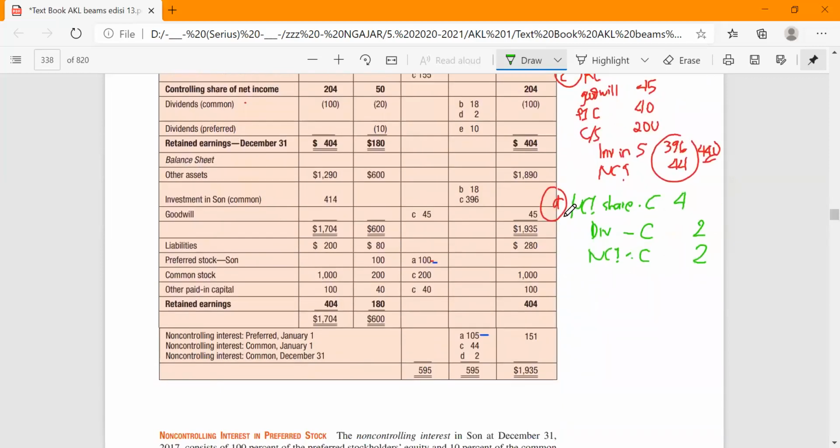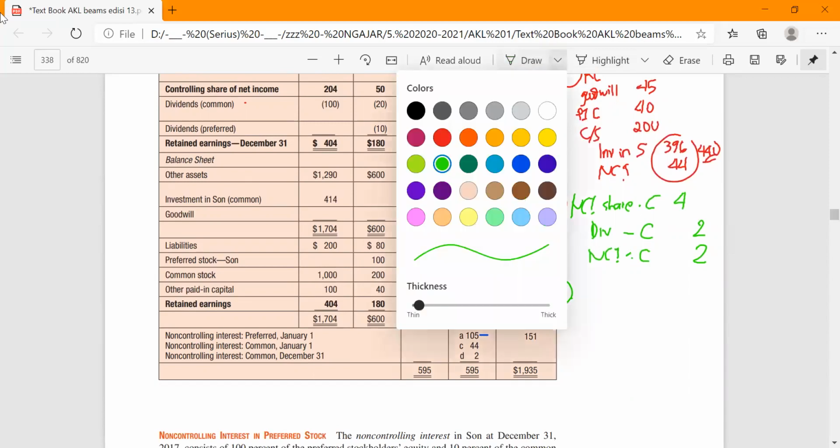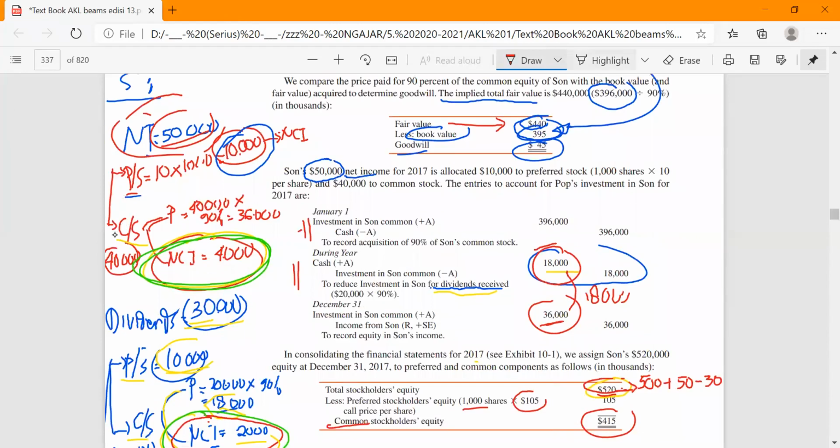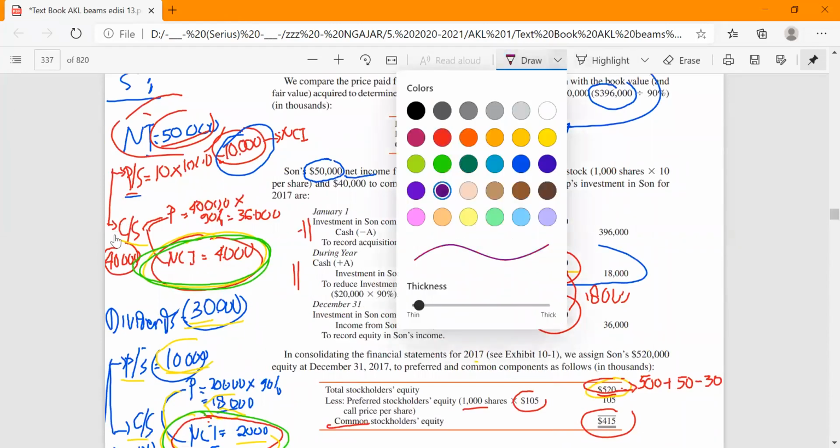And then just the same as journal number A, it is related to the NCI of the preferred stockholder. So the NCI of the preferred stock, and then also the dividend, which is related to this number. I will use purple.